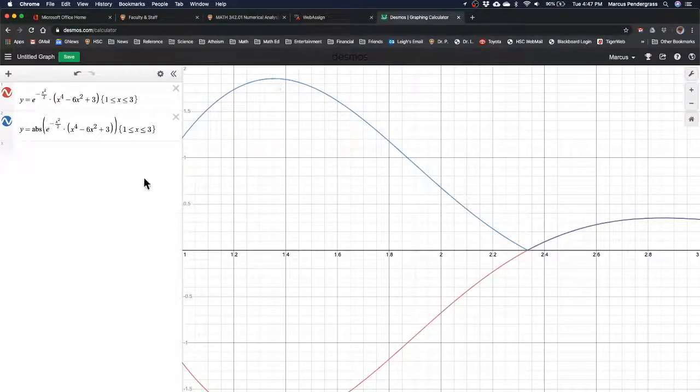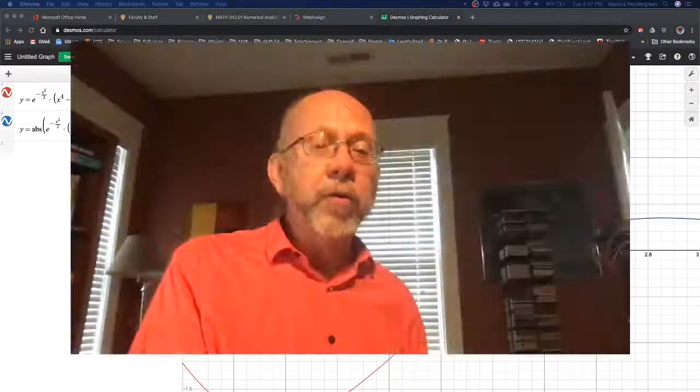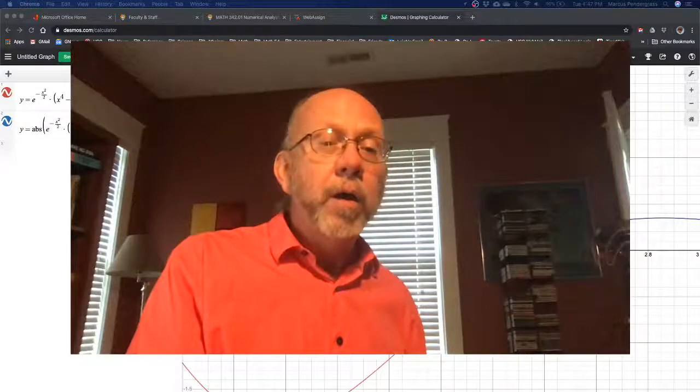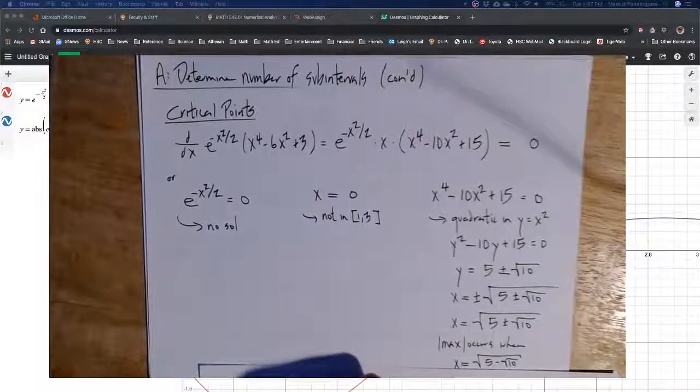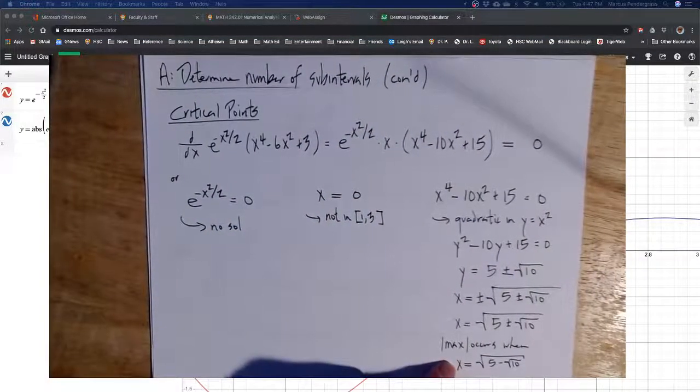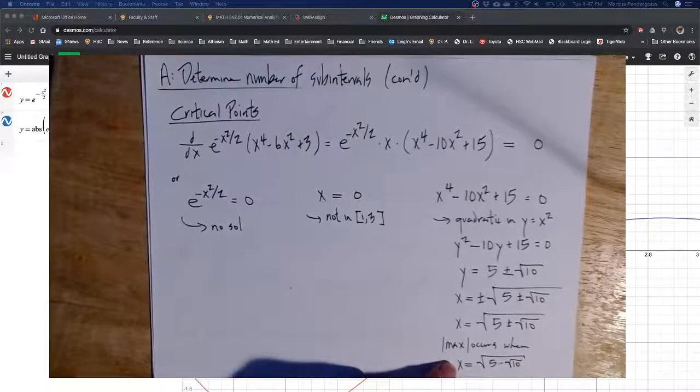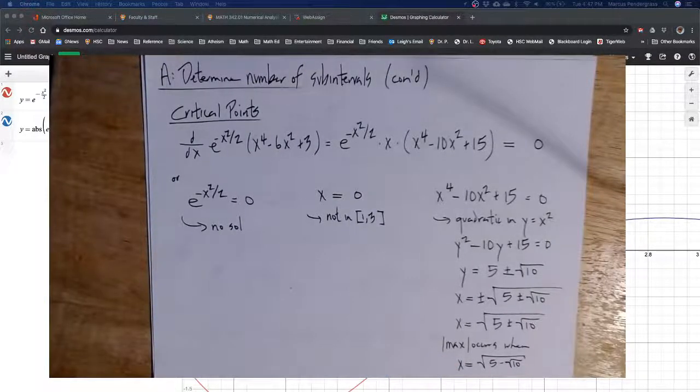That is the square root of 5 minus radical 10 that we saw before, this guy right here. That's that critical point, and it's providing the maximum of the absolute value of the fourth derivative.